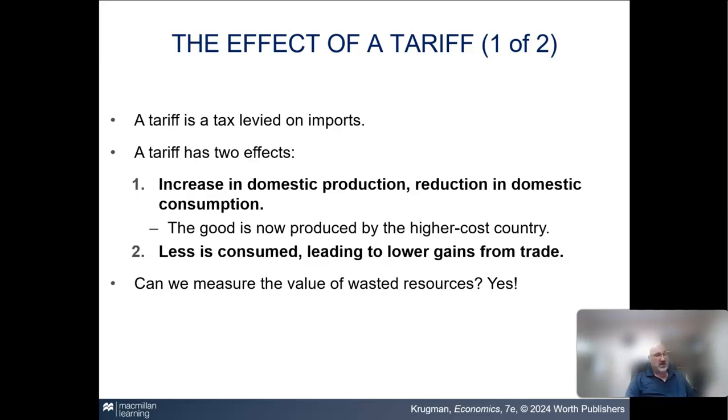It's not very much. You're only taking a little bit of money, and your goal is to have them keep sending it. You're not going to charge so much that they quit sending the good. All right. So a tariff is just a tax levied on imports.